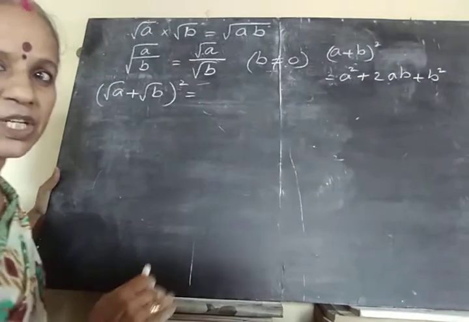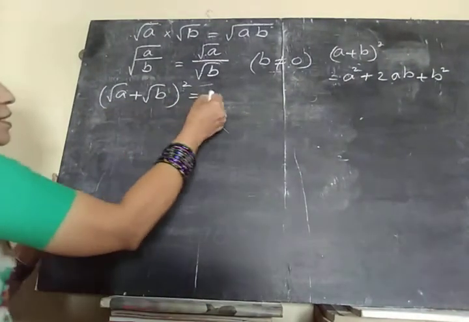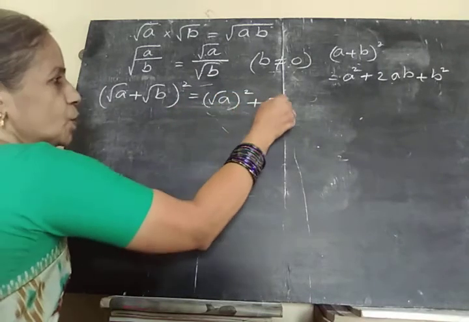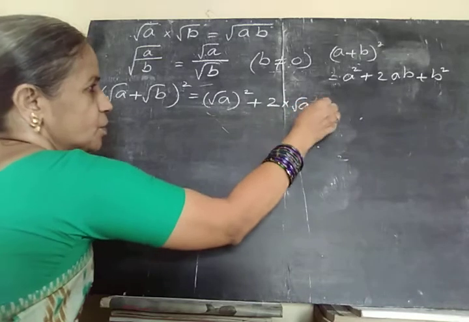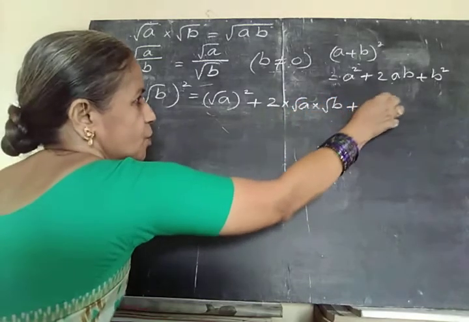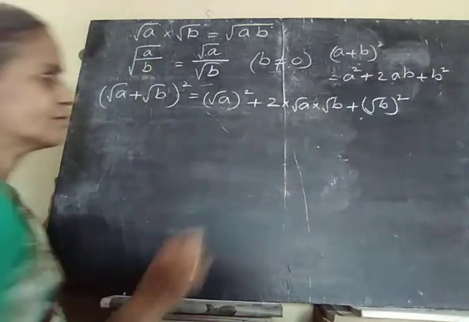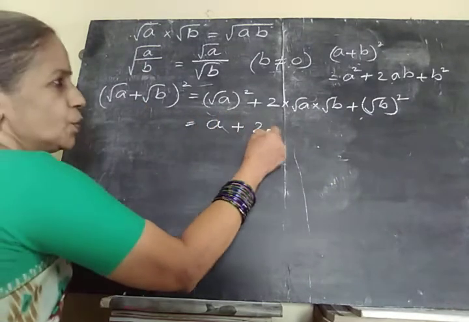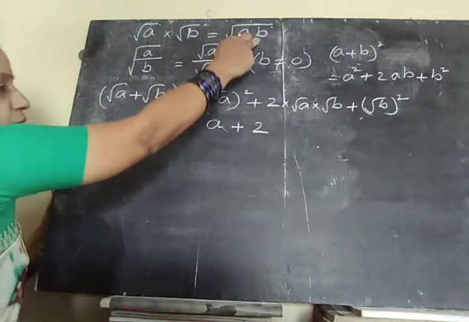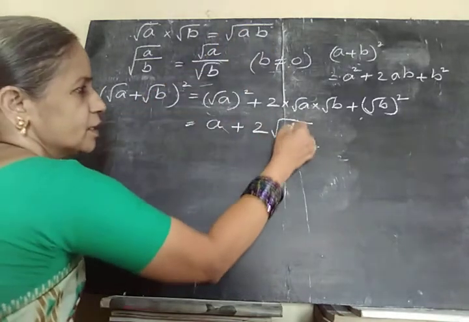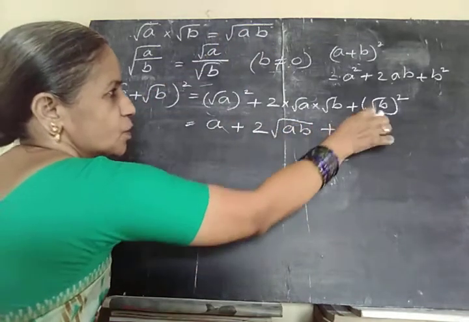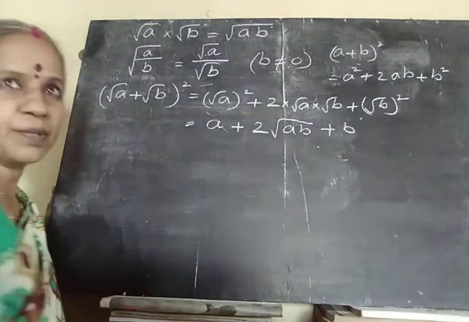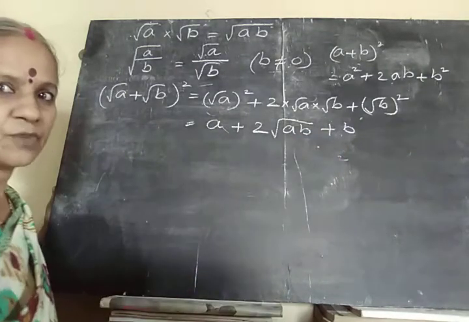Understood? Remember, children? Now like that, root A whole square plus 2 into root A into root B plus root B whole square. Okay, so root A whole square is A, plus 2 root A into root B, root of AB, plus root B whole square is B. So A plus 2 root of AB plus B. Okay.